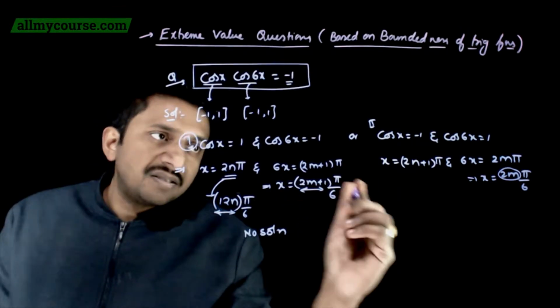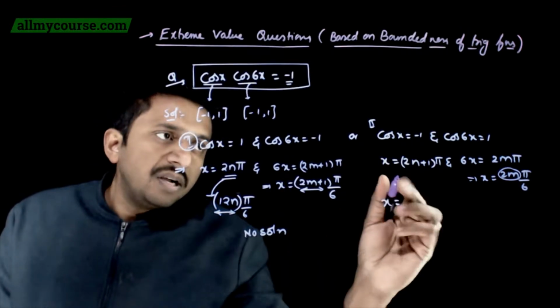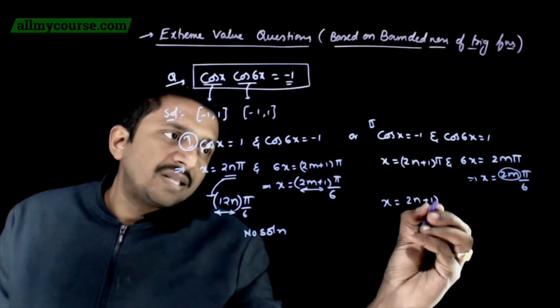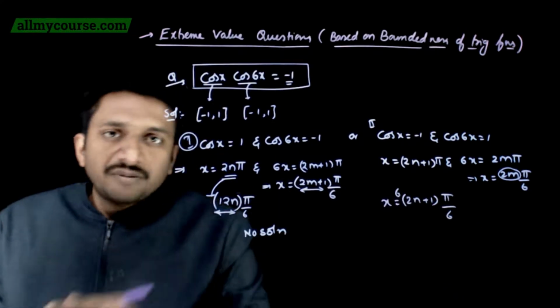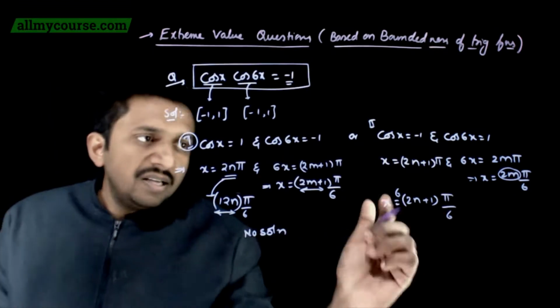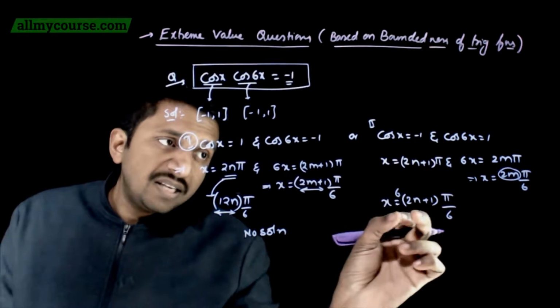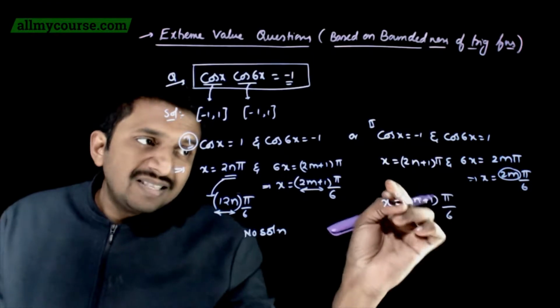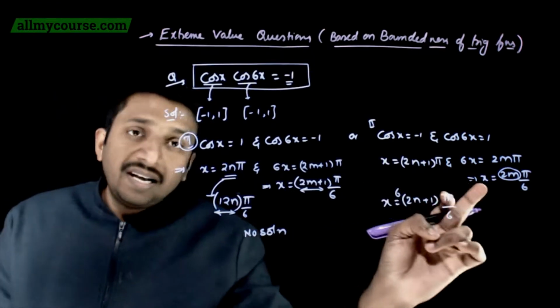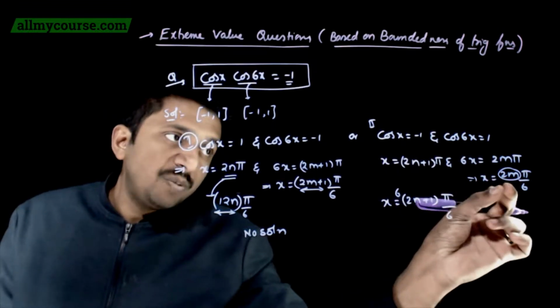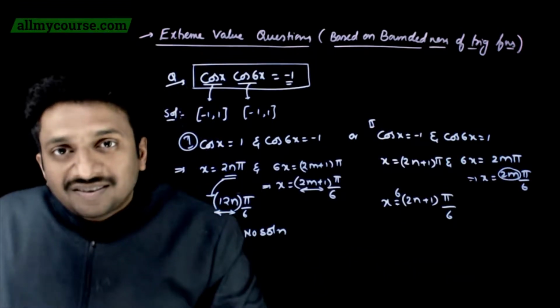So if you go to this, x is equal to 2n plus 1 times pi by 6 into 6. So the first condition says that x has to be of the form 6 times 2n plus 1 times pi by 6. And for this to be valid, x has to be of the form 2m times pi by 6.